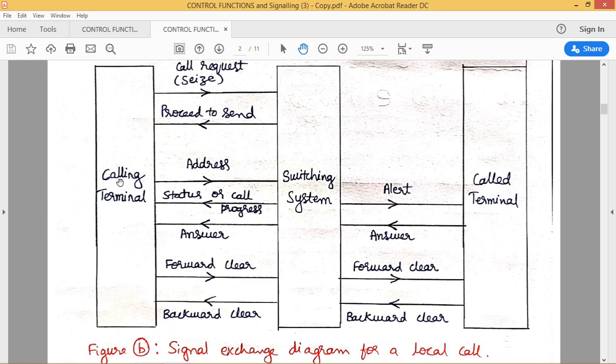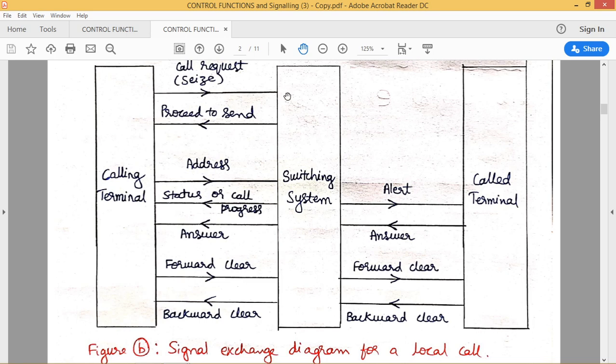When he wants to make a call, he initially takes the handset from the telephone. That is what we call off hook. Once off hook happens, a C signal or call request signal is sent to the switching system. Switching system is nothing but an exchange. Generally we are dealing with a local call, so we are dealing with a local exchange.